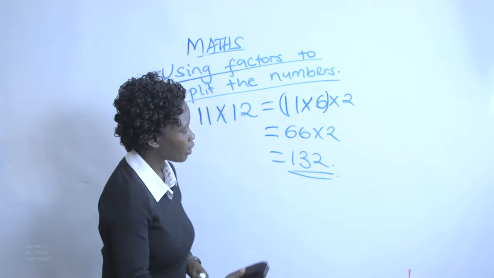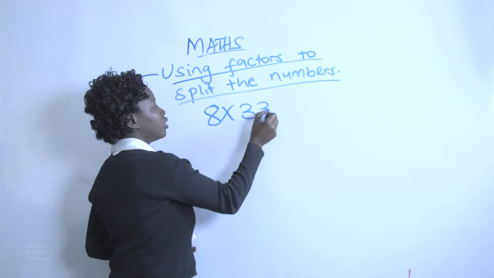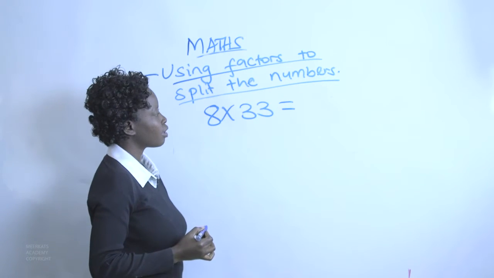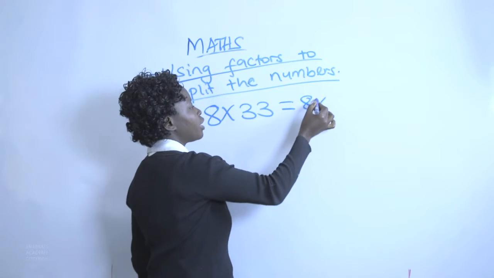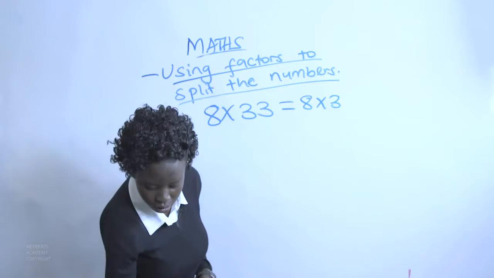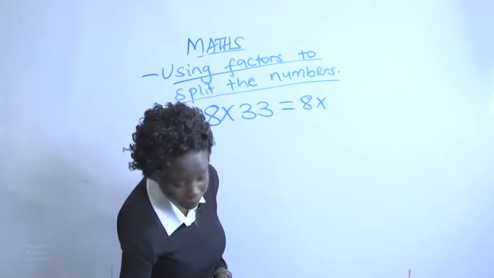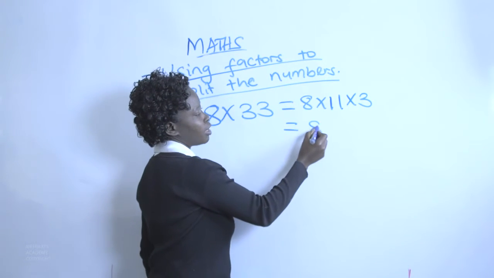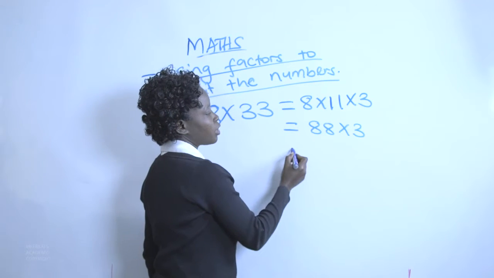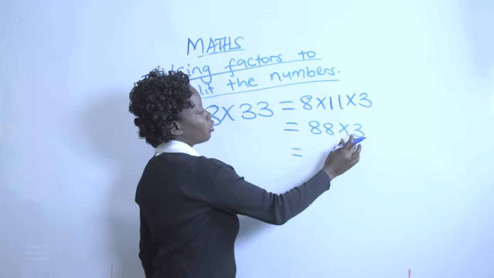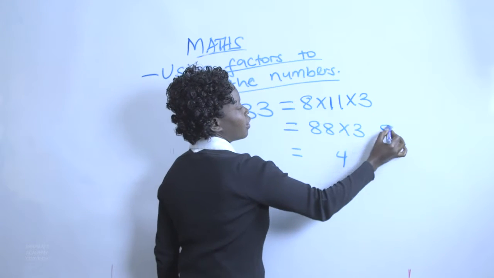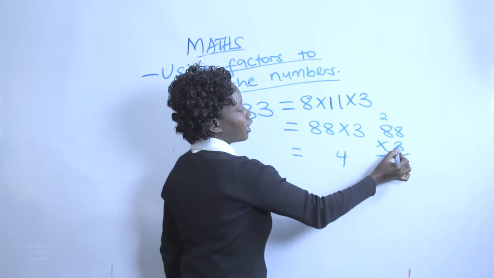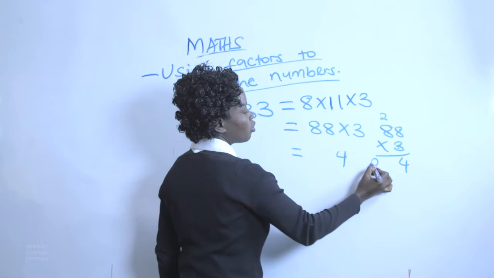Then another example we have is, if I have 8 times 33, then the factors I have could be 8 multiplied by 3, 8 times 11 times 3. 8 times 11 is 88, then we multiply 88 by 3. 8 times 3, we get 24, we carry 2. 8 times 3, that is still 24, plus 2, we get 26.